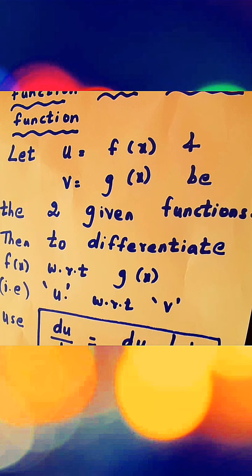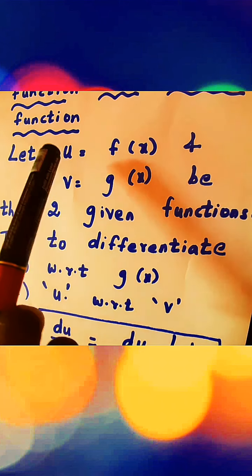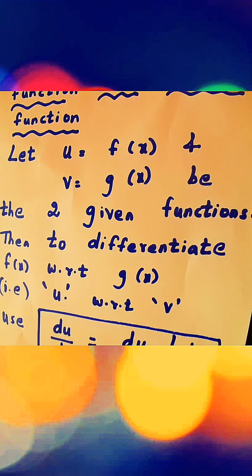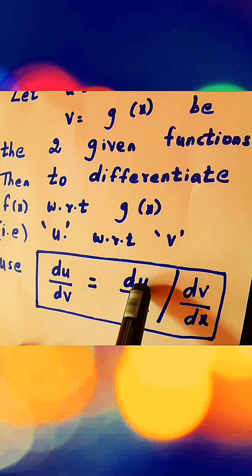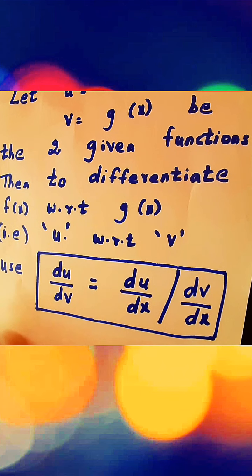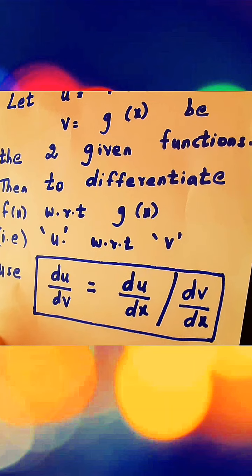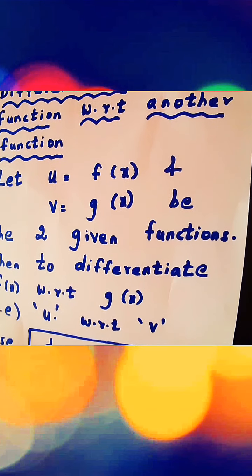When you're going to differentiate f of x with respect to g of x, that is, differentiate u with respect to v, we have to use this formula: du by dv is equal to du by dx divided by dv by dx. When we solve the problem, you will understand how we are going to use this formula.